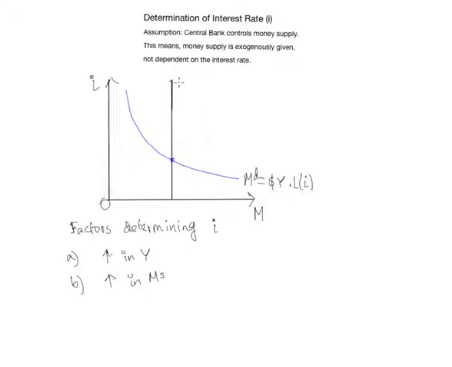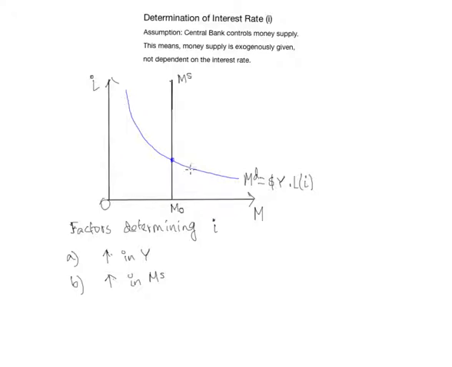But money supply, let's denote money supply with MS. Money supply is given by the Fed. At the Fed, or the central bank of other countries, they determine how much money supply would be in the economy. So it is exogenously given, does not depend on the interest rate. Therefore, it is a vertical line.